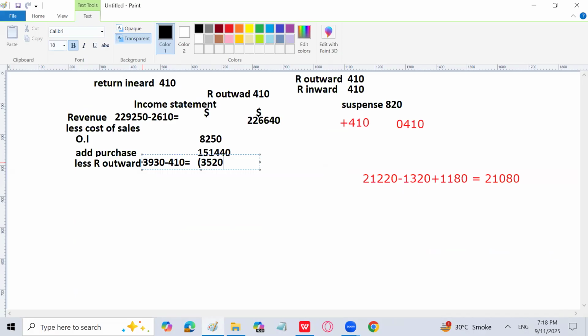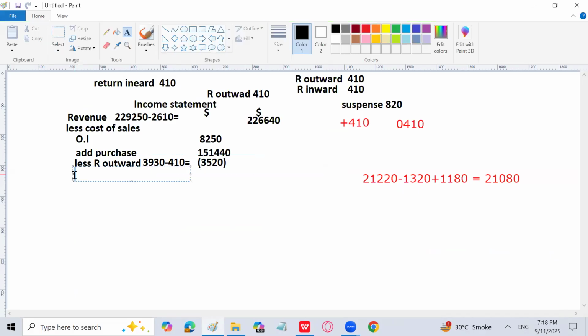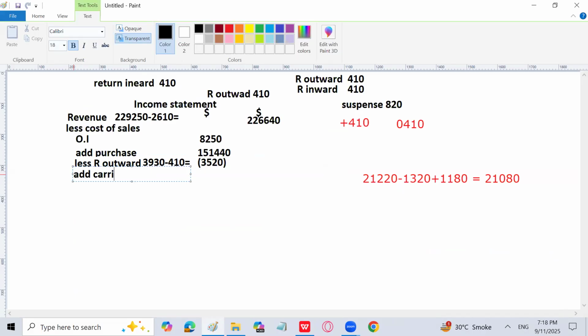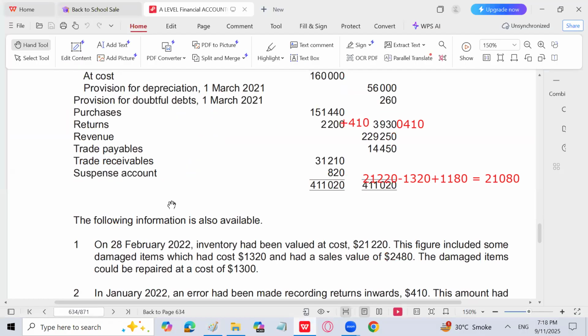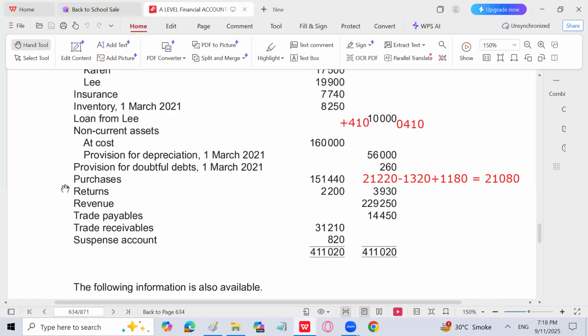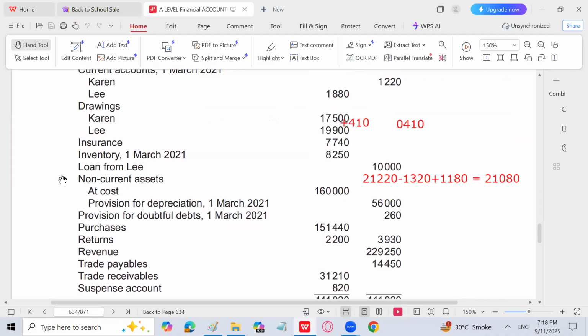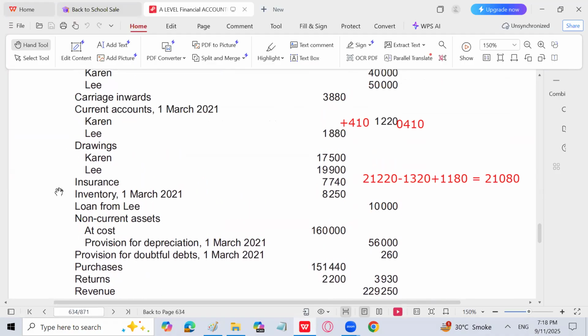Then I have to add carriage inward. It is given in the question, so that's why I'm going to add carriage inward. And then I'm going to subtract less closing inventory. Okay, you can't use abbreviation. I'm using it, but you can't do that. You have to go for the whole word, which is very important. Labeling is important. So carriage inward is given in the question, that is 3880.